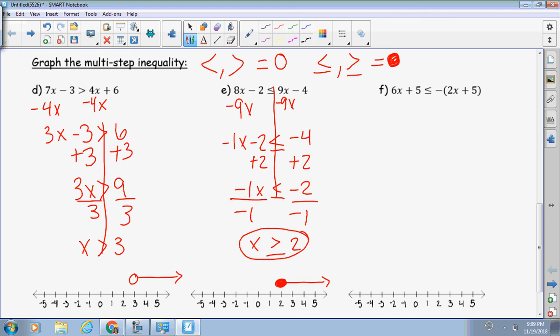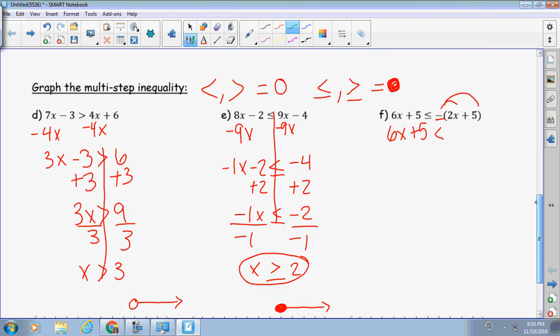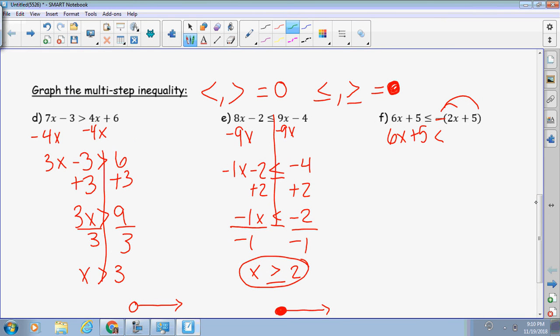All right, last one. So I see parentheses on this one, so I need to distribute first thing. So I get 6x plus 5. Side stays the same. Negative 1 times 2, that's negative 2x minus 5.